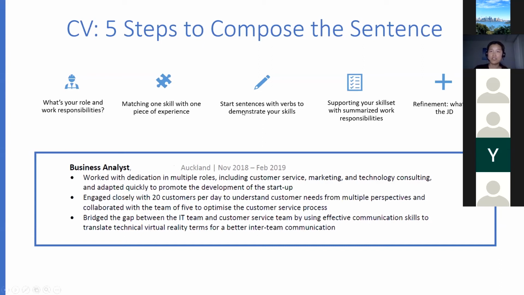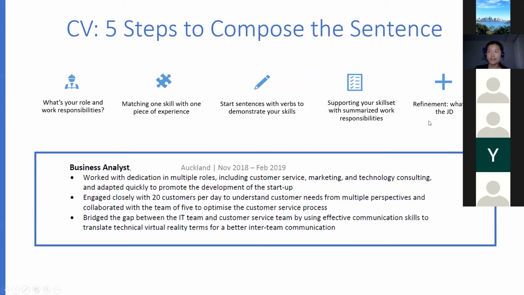And then start the sentence with a good verb like "engaged" or "bridge the gap" to demonstrate your skills. And then support your skills with summarized work responsibilities, this whole sentence. At the end, do some refinements using the words in the job description and add the numbers.